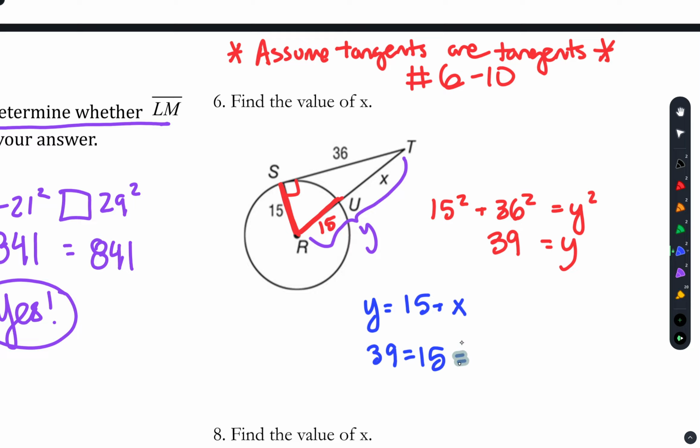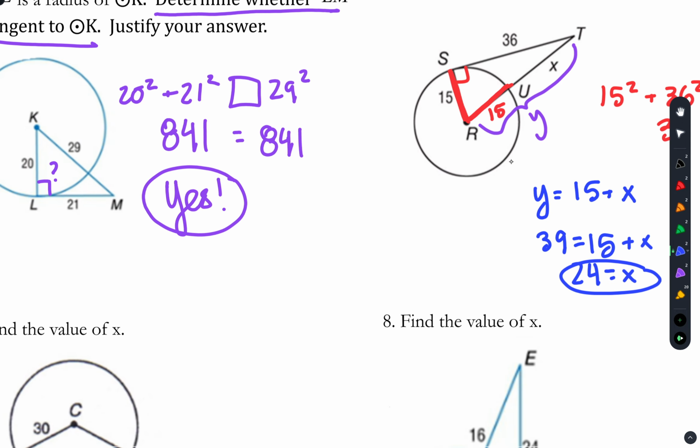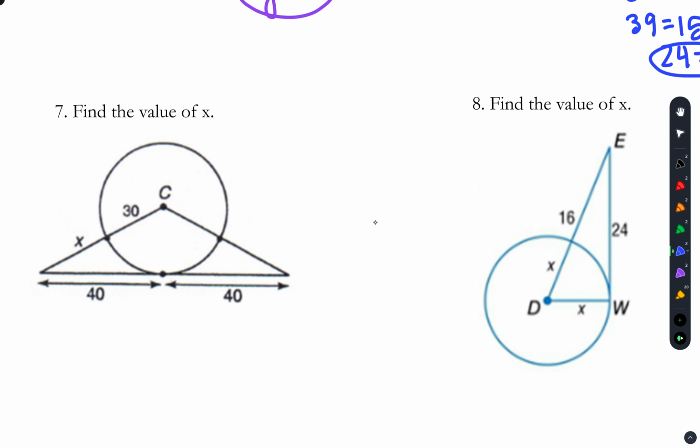So x then must be 24. Look how nice and easy that was for us. Don't do more work than you have to do. I mean, could you figure this out by factoring? Yes, but I think you're factoring like crazy hundreds of numbers. Let's take a look at this one over here.